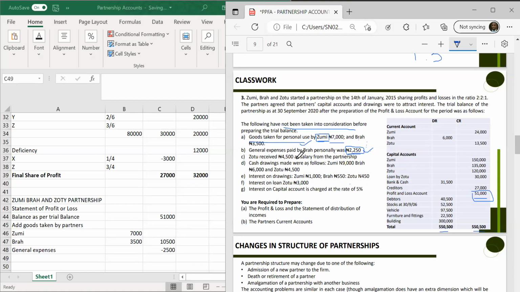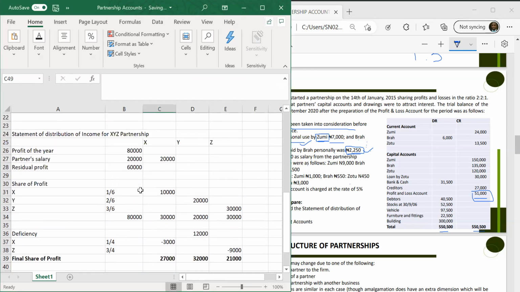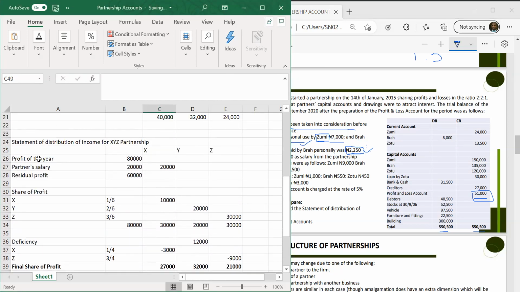Zotu received 4,500 naira as salary from the partnership. He received 4,500 naira as salary from the partnership. You know, we said it earlier. You remember when we were doing these ones? We said it will not be removed from the profit of the year, but it will be removed before what?